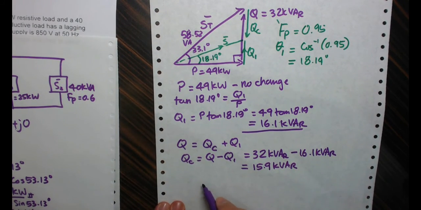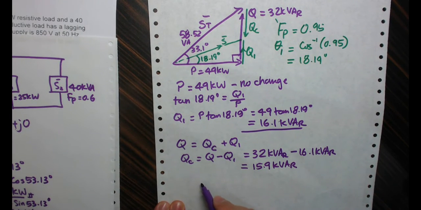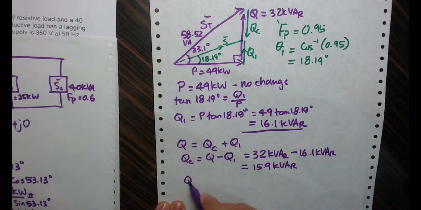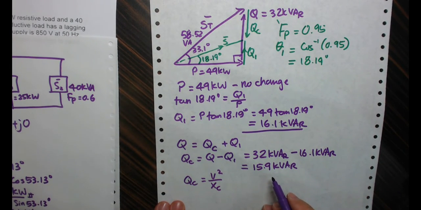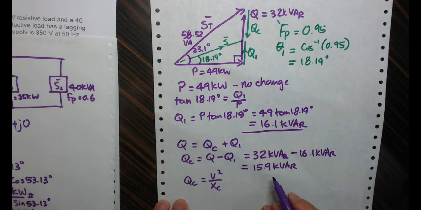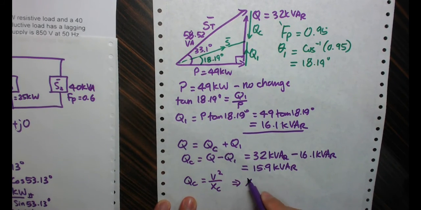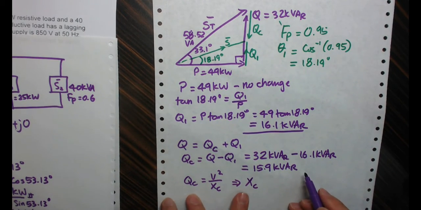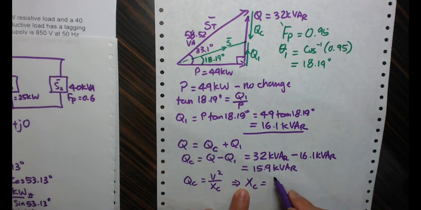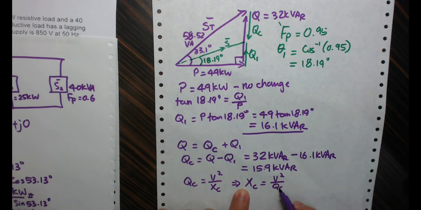QC is the voltage squared over XC, which means that XC, the capacitive reactance, is V squared over QC.